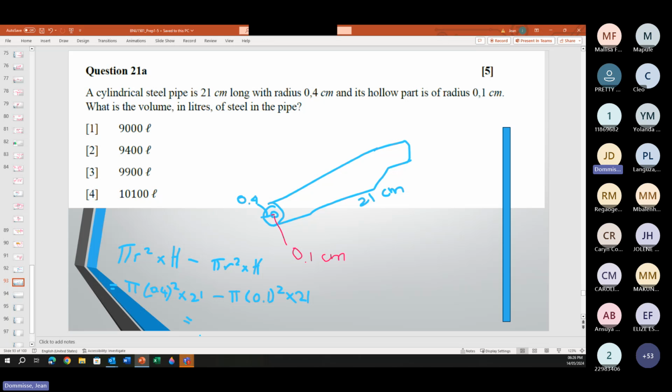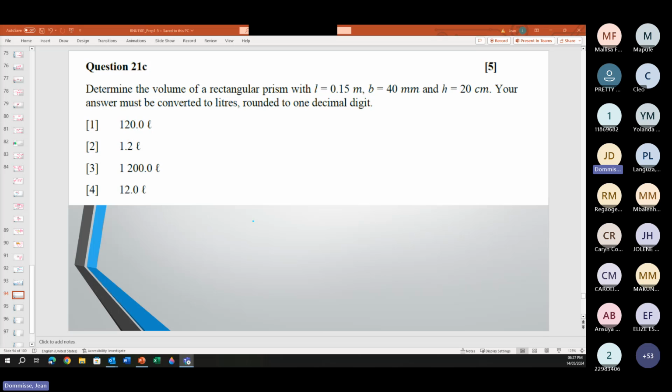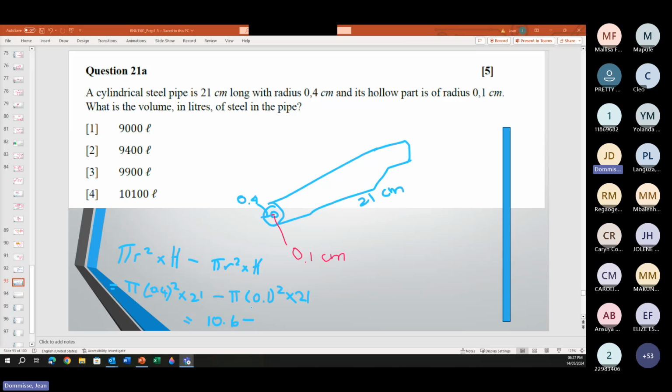Okay, so this will give us our answer, 0.4 to the power of 2 times 21 times pi. So this was 10.6 minus, yeah, I think somewhere between the next question that was in meters and this one, they got it wrong, and then just changed it at some point, but did not realize that it is impossible.